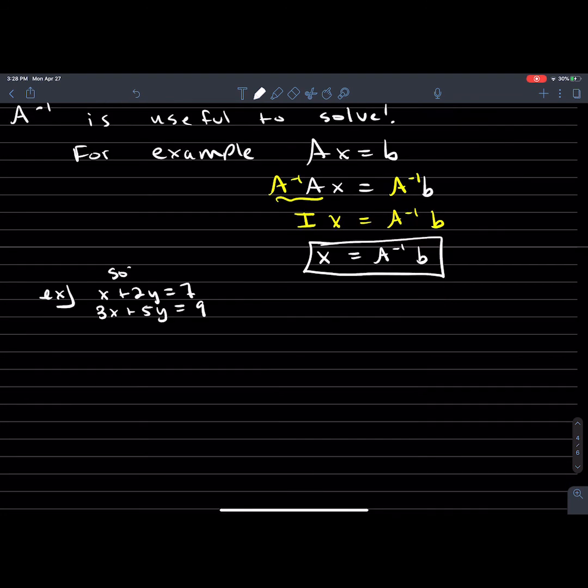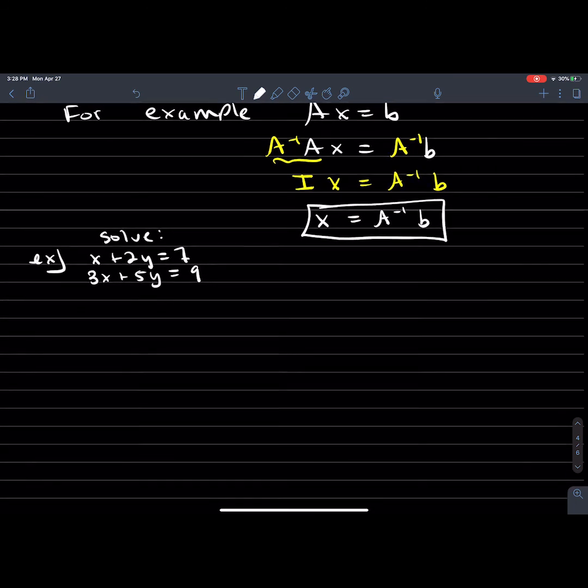We're going to solve this, and it looks like we can just use Algebra 1 to solve it, 2 equations, 2 unknowns. But we're going to use matrices and the inverse to solve this. So first we need to write it in matrix form, and in matrix form, it's going to be AX is equal to B. X is our unknown, so X and Y is going to be a vector.